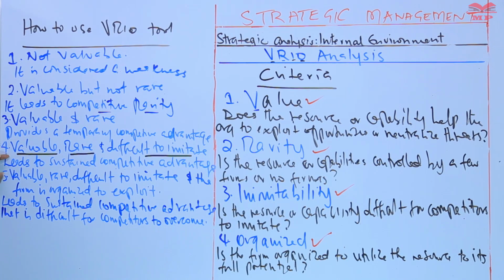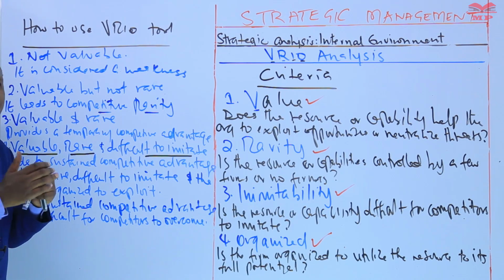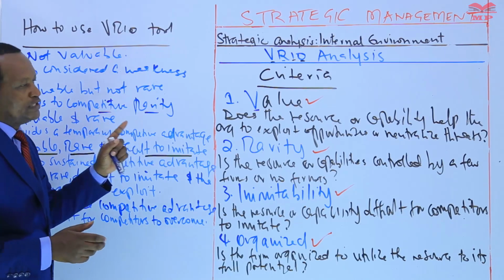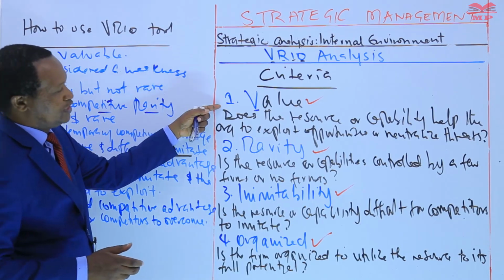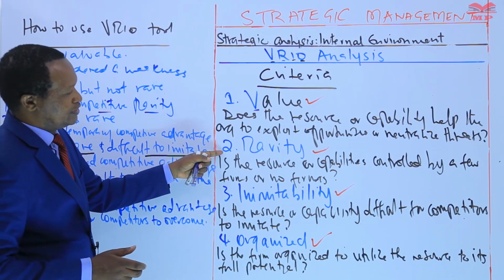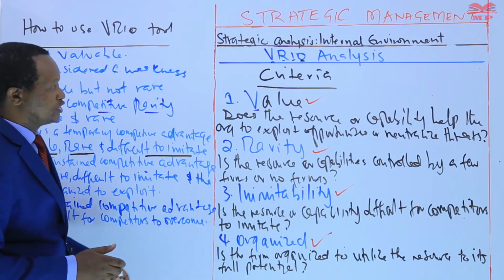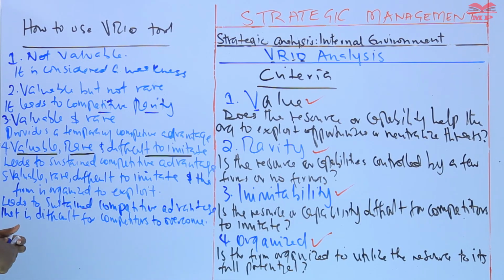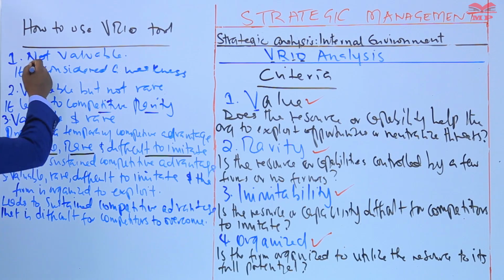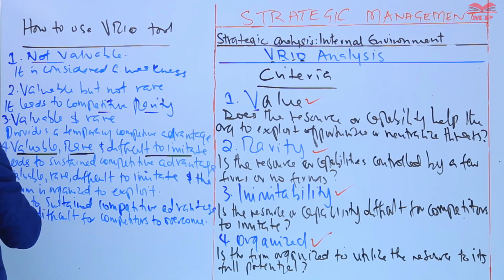The VRIO framework is applied by systematically evaluating each resource and capability against the 4 criteria of value, rarity, inimitability, and organizational support. First, a resource or capability may not be valuable.